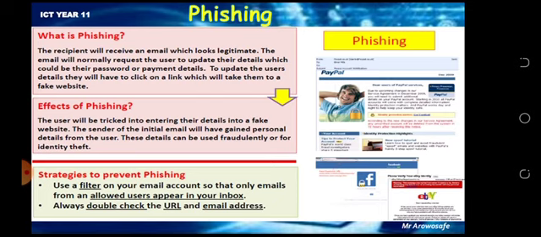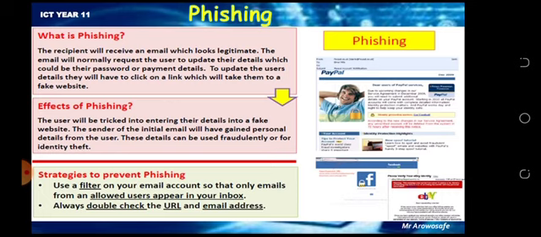Number two, double check the URL and email address. So you have to set your email to allow double check of the uniform resource locator and email address. I hope you have gotten this concept.